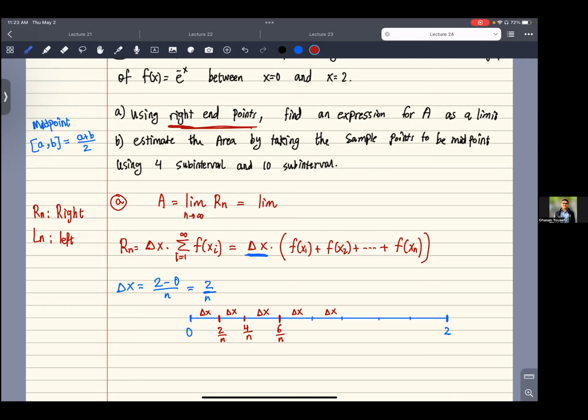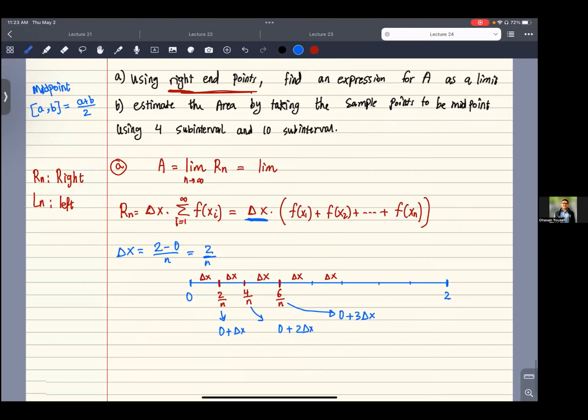Make sense? If you don't want to think like this, you can think of this point as the starting point 0 plus delta x. This point is 0 plus 2 delta x. This point is 0 plus 3 delta x, and so on for all points.